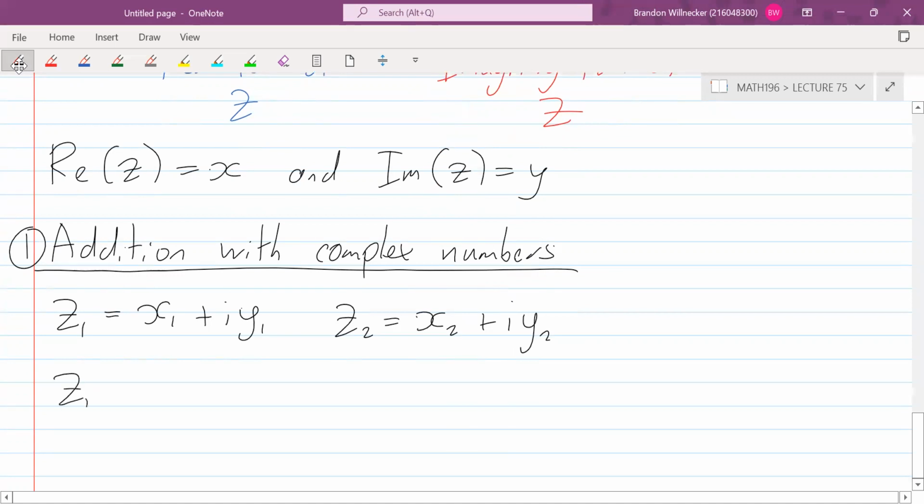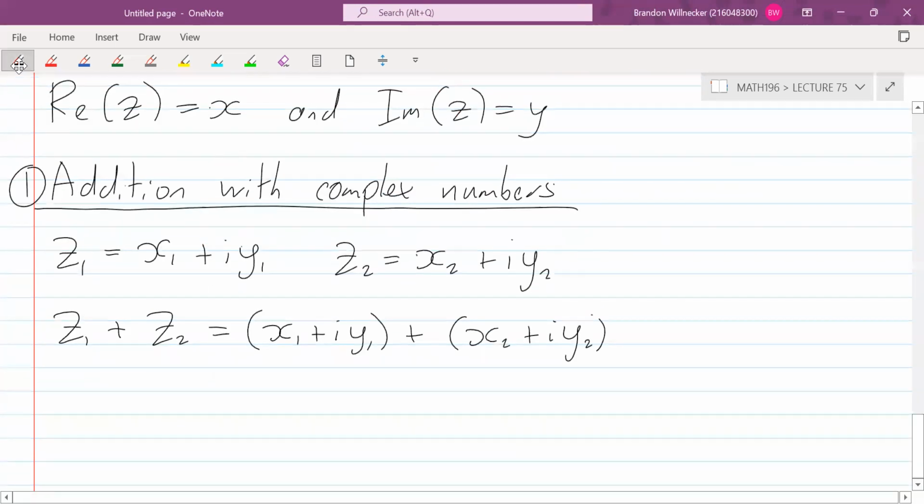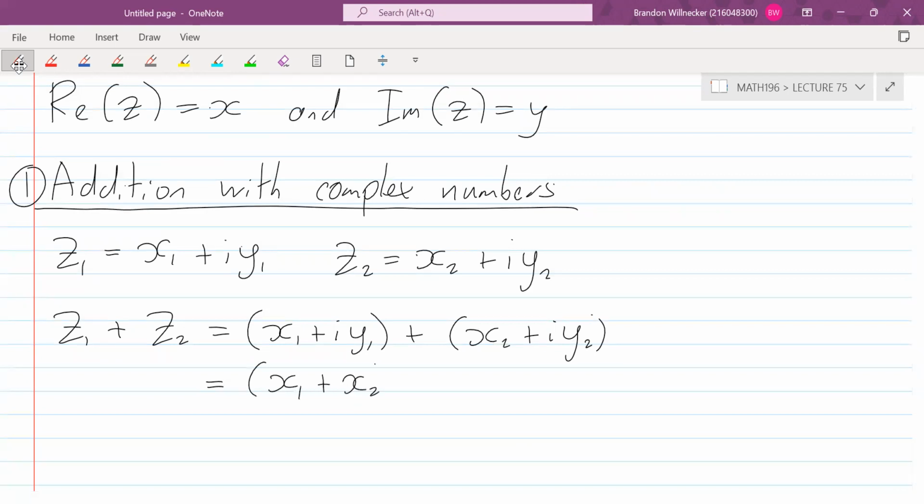So z1 plus z2 is going to be this first part, x1 plus i y1, plus the second complex number, x2 plus i y2. Okay, so this is going to be x1 plus x2, because we can add those two together, no problem. And then we're going to have i y1 plus i y2.